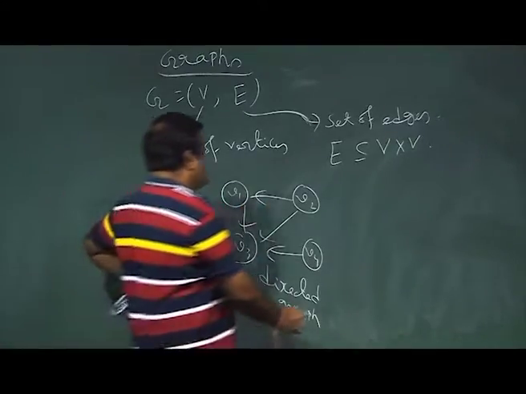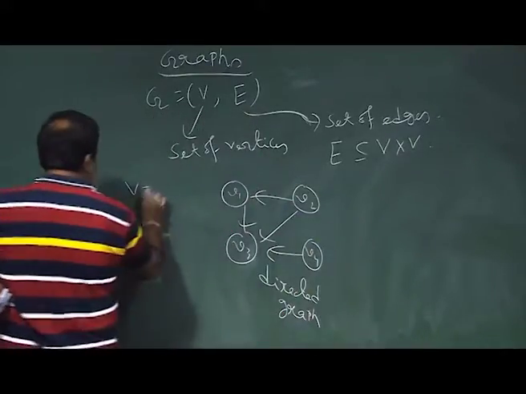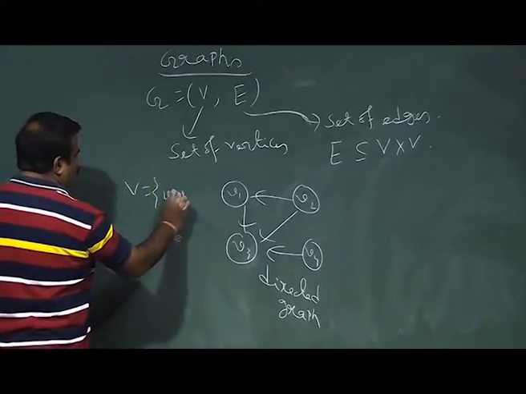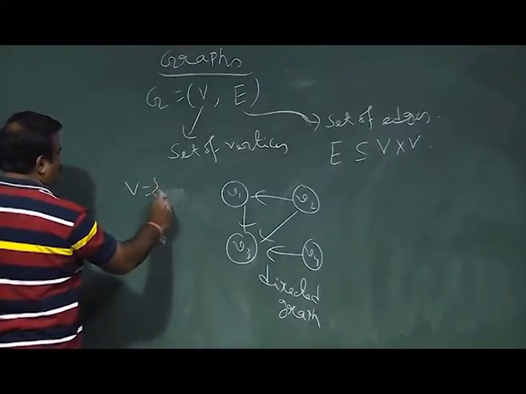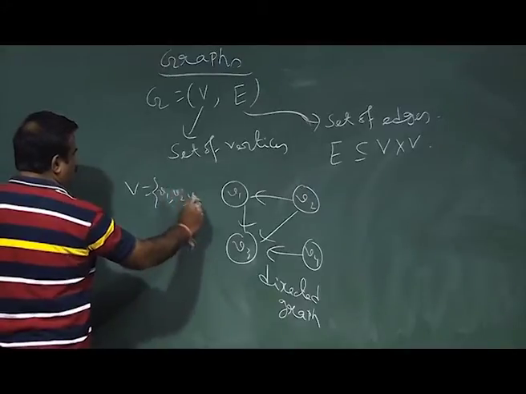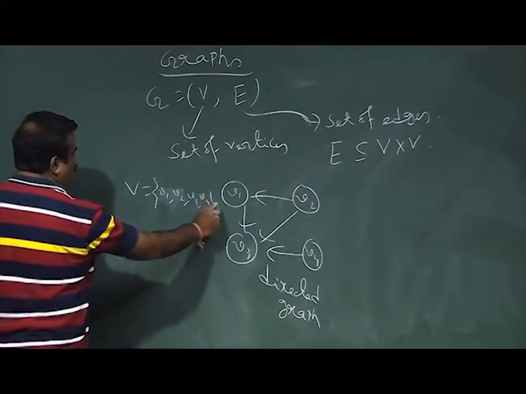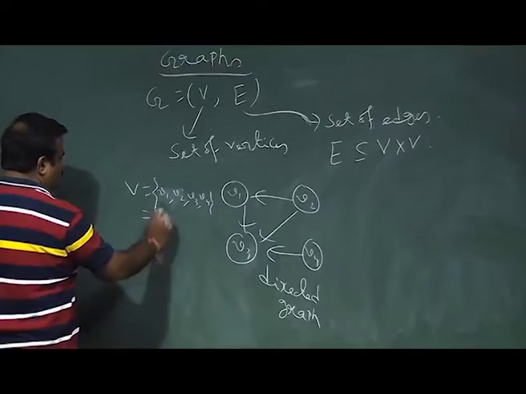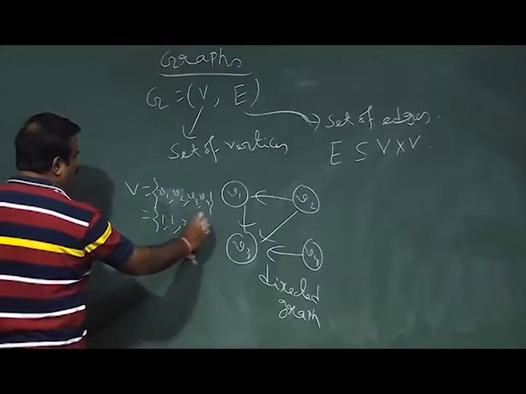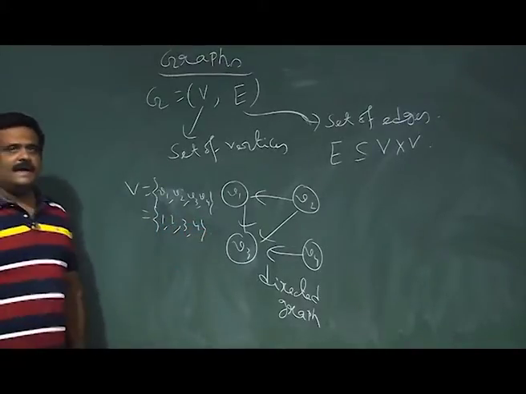The vertex set V is V1, V2, V3, V4, or for simplicity we can just write 1, 2, 3, 4. And what are the edges?